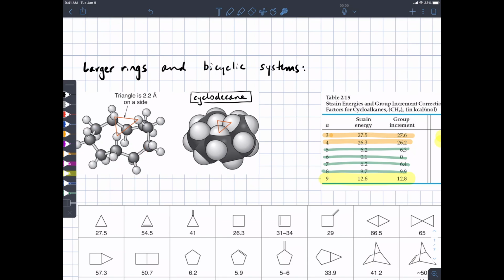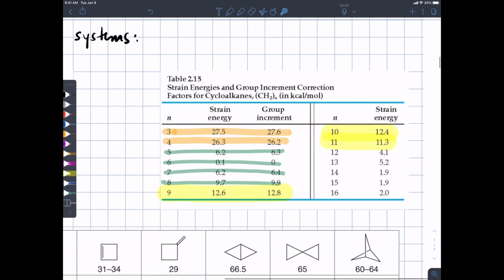No. But realize if you're going to be making rings, if you're going to do macrocyclization in your research, you might expect it to be straightforward for rings of this size, sort of from 5 to 8, but you might expect to have some trouble in the sort of 9 to 11 region.